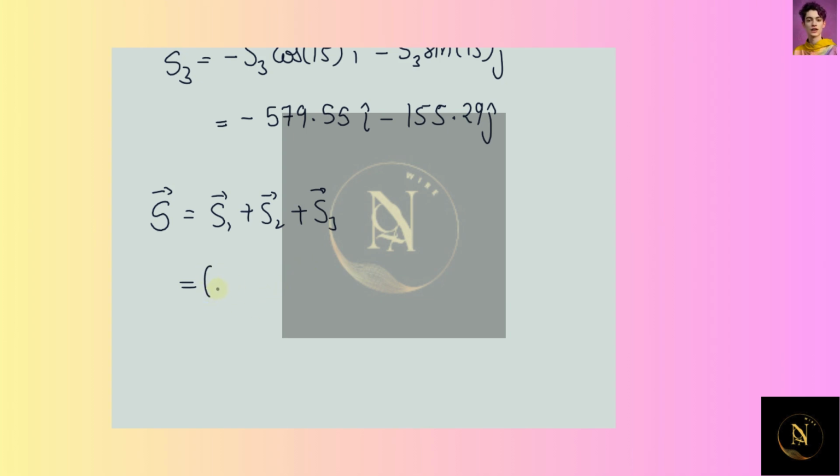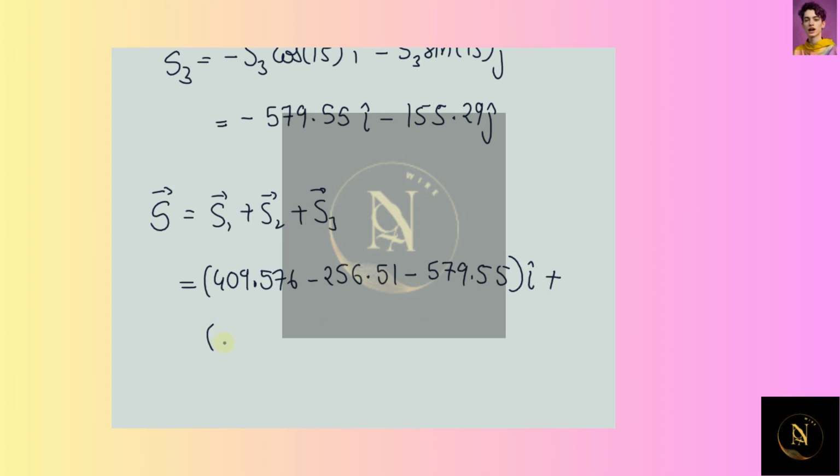So the I component will be, taking the I components from S1, S2 and S3 and adding them, 409.576 minus 256.51 minus 579.55 I cap.